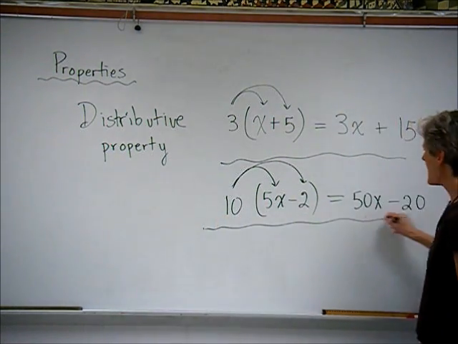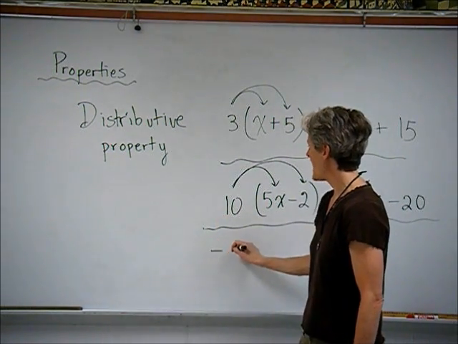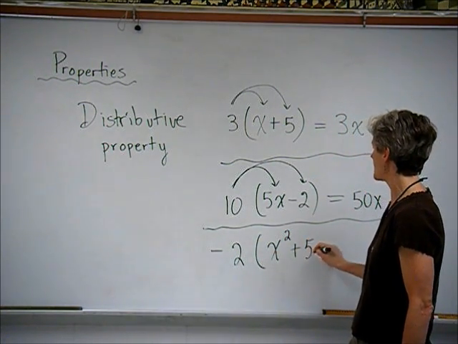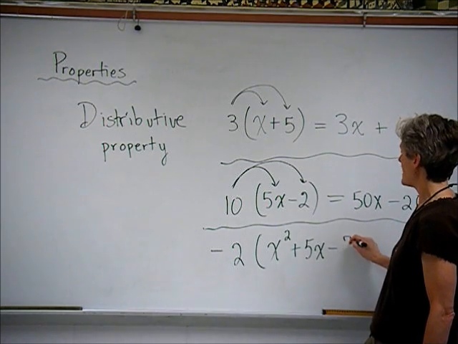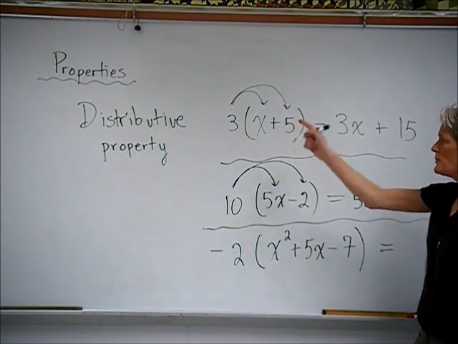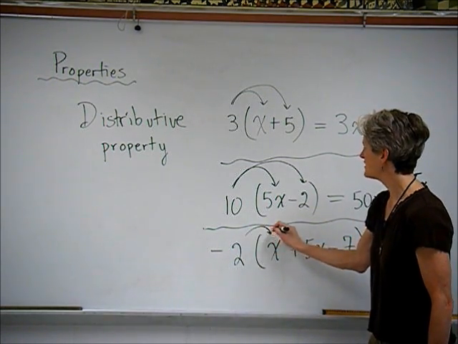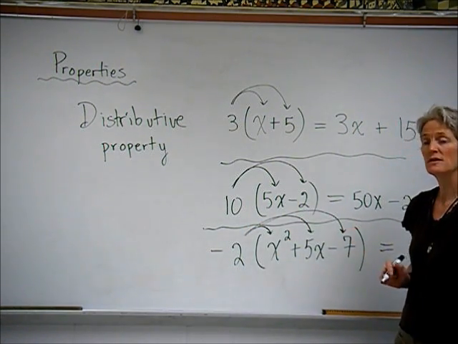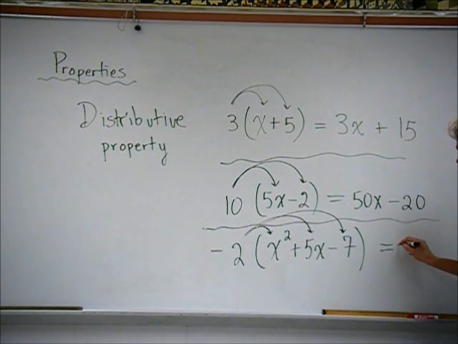And heck, I could have even more terms. Let's say I had a negative 2 times x squared plus 5x minus 7. The distributive property says, hey, this means I'm multiplying the negative 2 by each of those terms. Negative 2 times x squared would give me negative 2x squared.